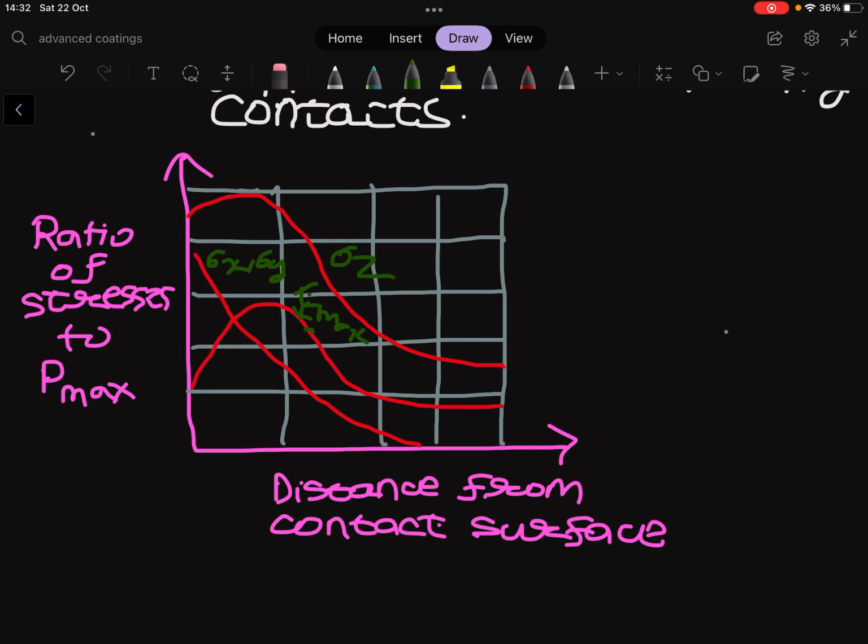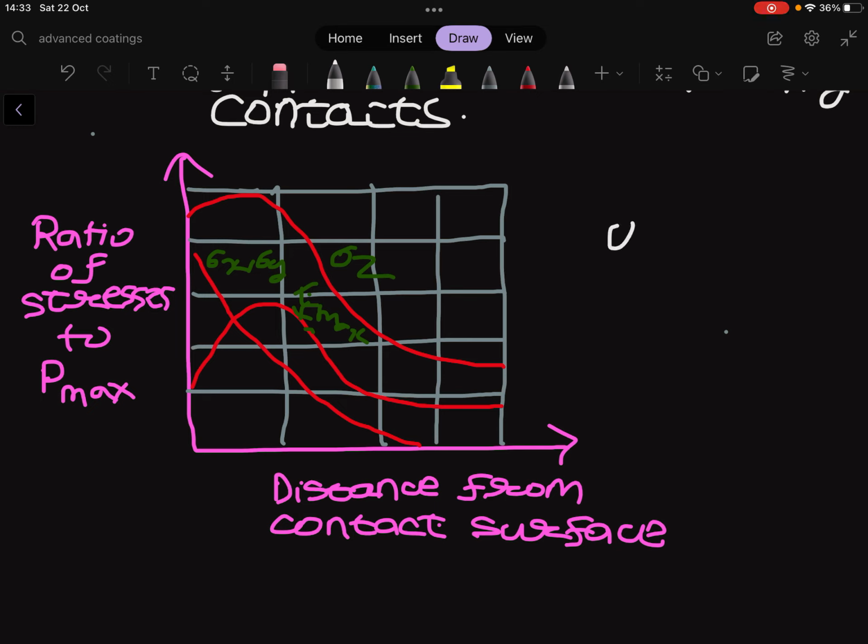So we have continuously decreasing stress. The highest stress is found just in the contact area, but if we look at the shear component, the trend is different, and we attain a maximum value at a given depth below the contact area.